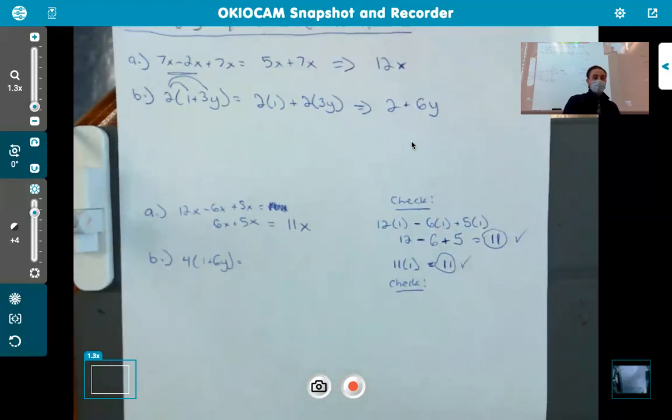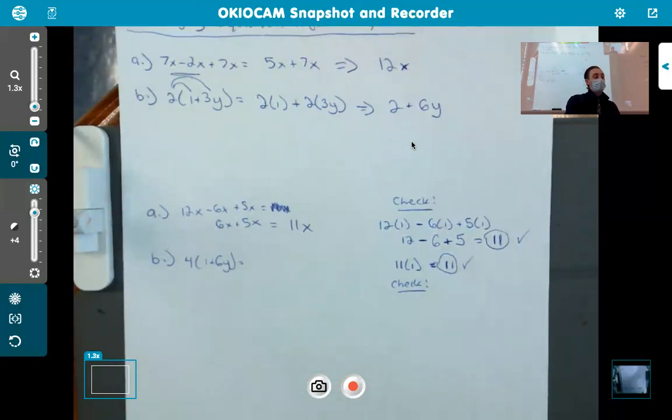Okay, let's look at part B. How am I going to simplify part B? What do I have to do there if I'm distributing? How do I distribute? What do I have to do? What's that process? We talked about this last week. What do I have to do with this 4?